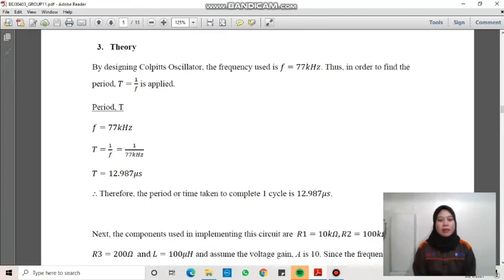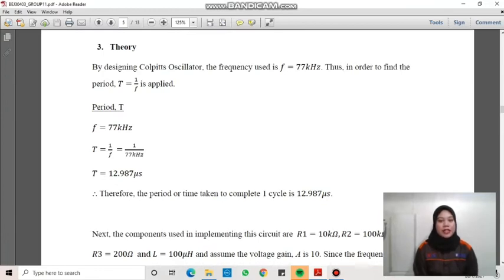Today I would like to explain the theoretical calculation for our Colpitts oscillator. We were given a frequency value of 77 kHz. To find the period T, the time taken to complete one cycle, T equals 1 over frequency.